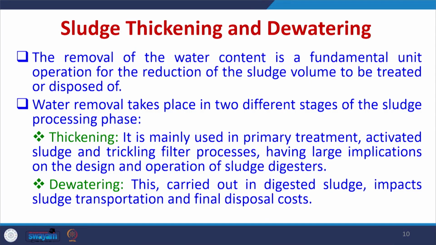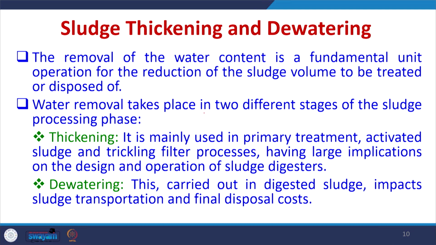Sludge thickening and dewatering is very essential because we have to remove the water content so that the sludge can be easily transported and its volume is reduced, and if required we can have treatment or further conversions. So, the removal of water content is a fundamental unit operation for reducing the sludge volume to be treated or disposed of.